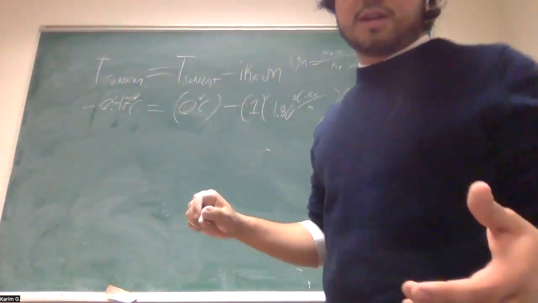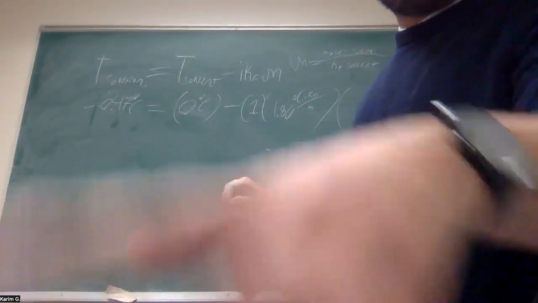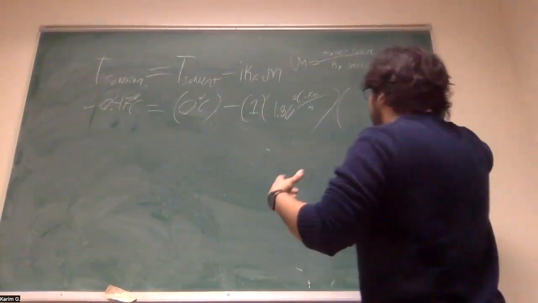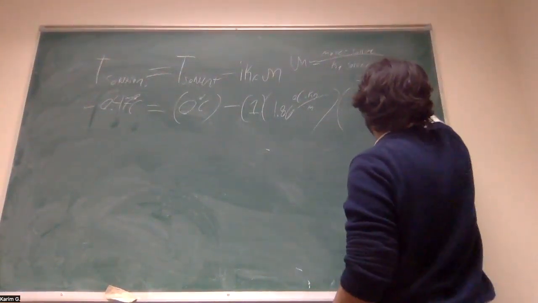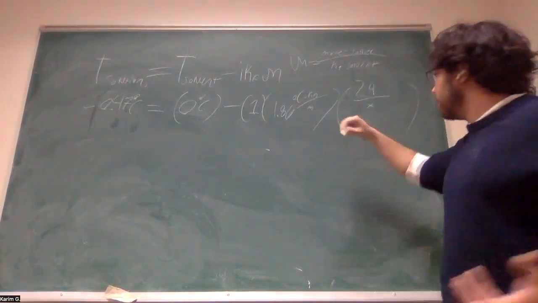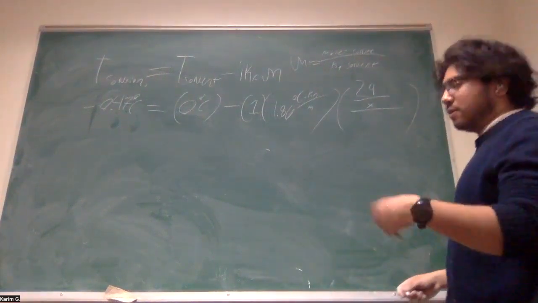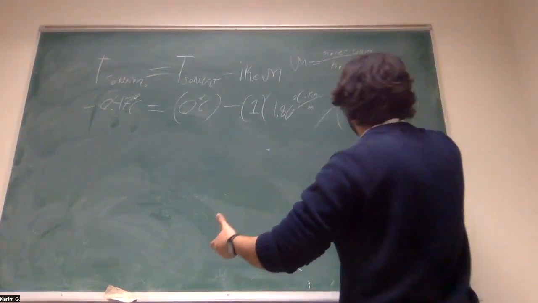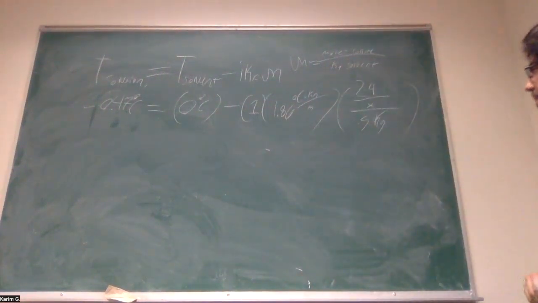Are we given a mass for the non-electrolyte? Yeah, 24 grams, right? So again, we're solving for molar mass, so it'll be 24 over molar mass, which I'll just treat as X, over kilograms of solvent, right? 500 grams into kilograms is 0.5 kilos, right?